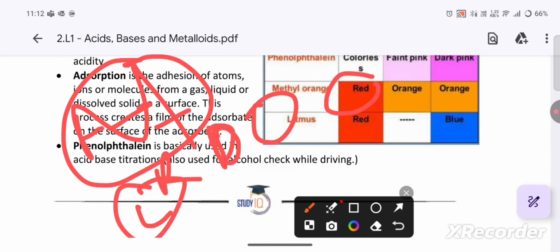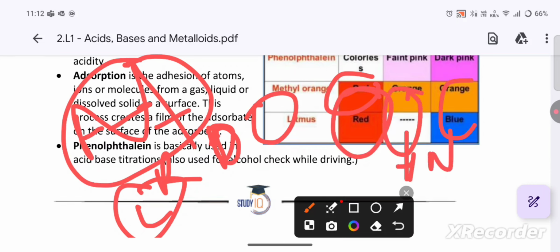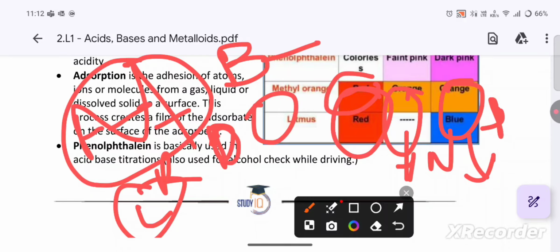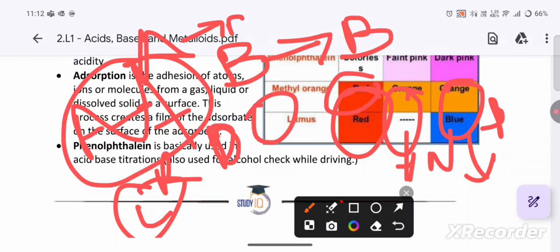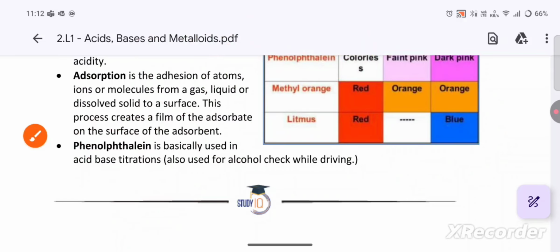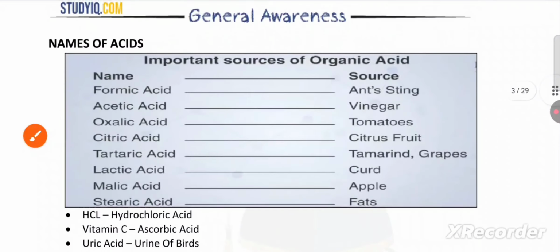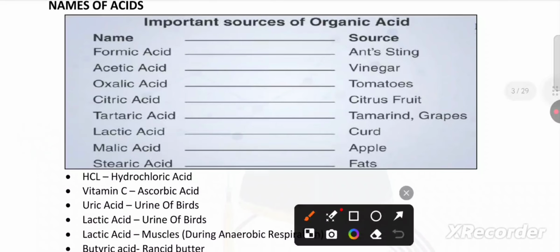Litmus shows red color in acid, no color change in neutralization, blue color in base. We can use one shortcut: base blue, acid red. Okay, this is an exam favorite, my dear friends.